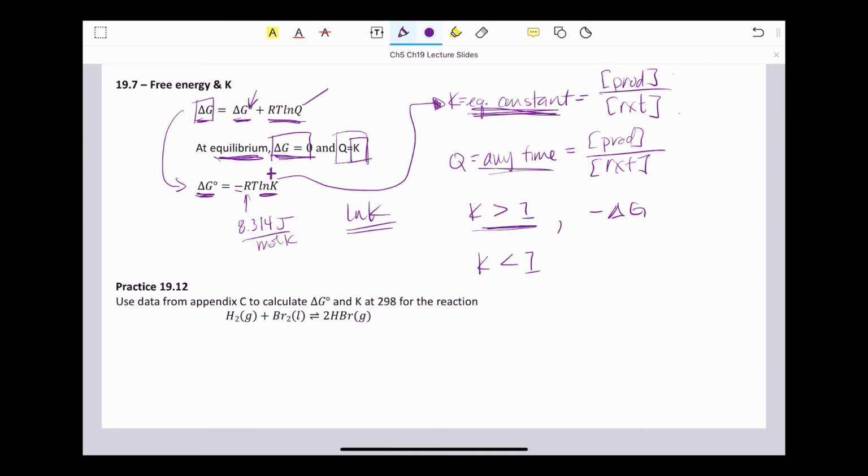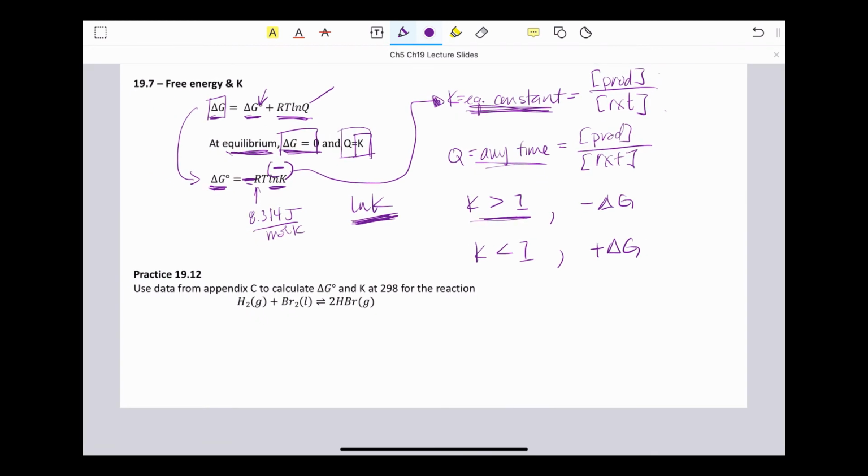Whereas if K is less than 1, then the natural log, or log in general, of a decimal value is going to be a negative number. If I have a negative combined with that negative, I end up with a positive delta G. And again, if we take it back to what the fractions mean, if K is greater than 1, the place where the reaction comes to rest has more product than reactant, which is thermodynamically favorable.